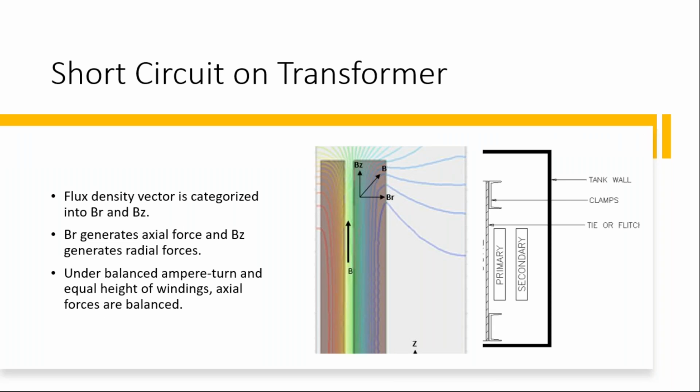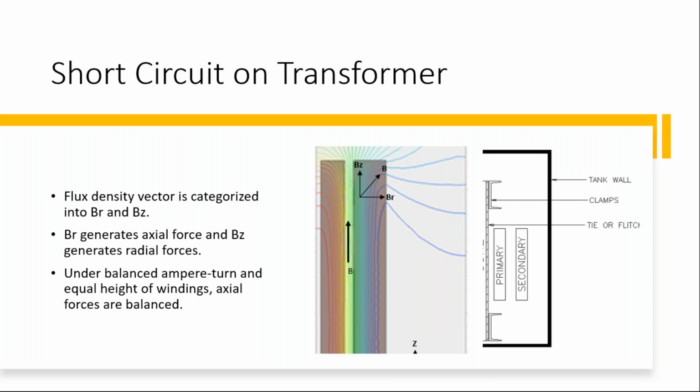Yeah, thanks, Parminder. When a short circuit happens in a transformer, there is a huge rush of current flowing in the winding. During the current flow, we know there is transformer action, which is the ampere-turn balance, and the induction happens.